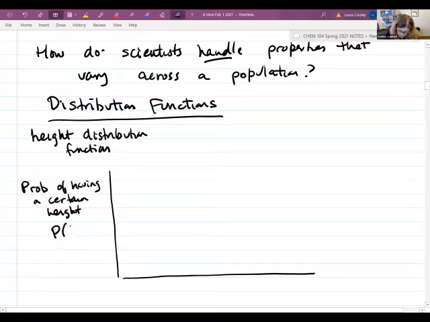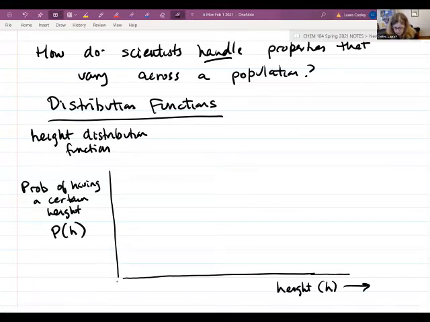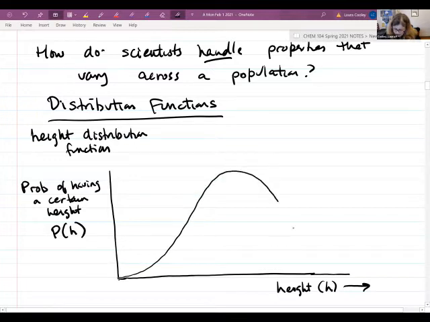We'll call that P of H, probability of having a certain height as a function of that height. And so what does this curve look like? Well, you know that there's sort of more people with mid-range heights than there are very, very, very tall or very, very, very short people. So the function looks kind of like this.